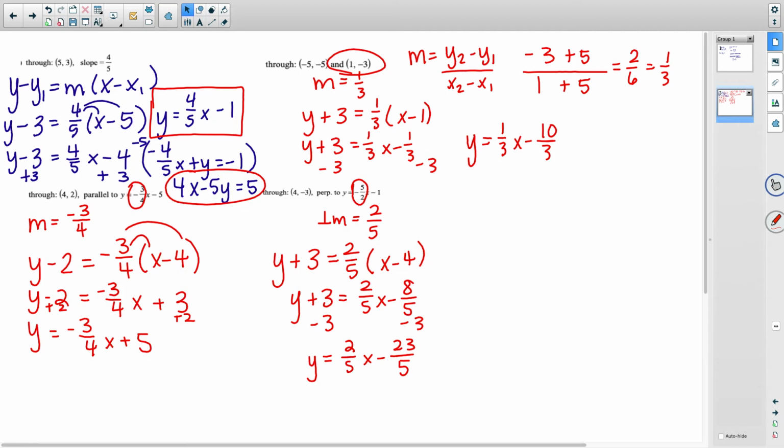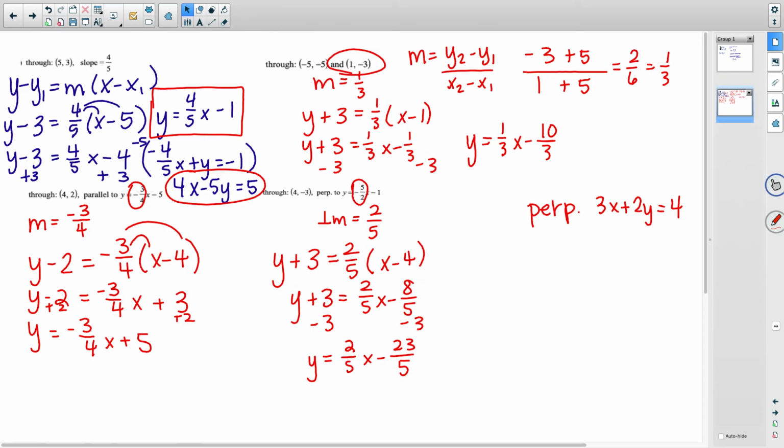Now, in the packet, and then sometimes in a problem that I give you, they will ask you to write the equation of a line that is perpendicular to 3x plus 2y equals 4. And so you have to get your slope from standard form.